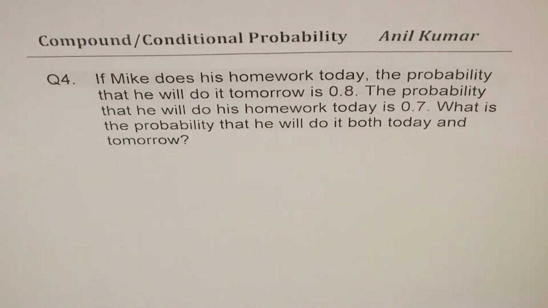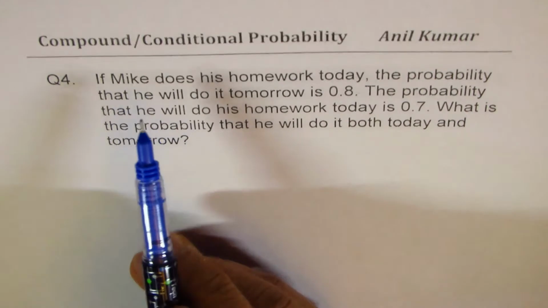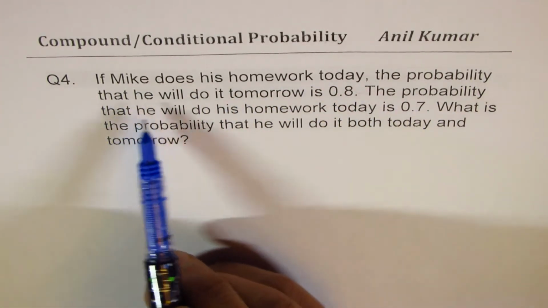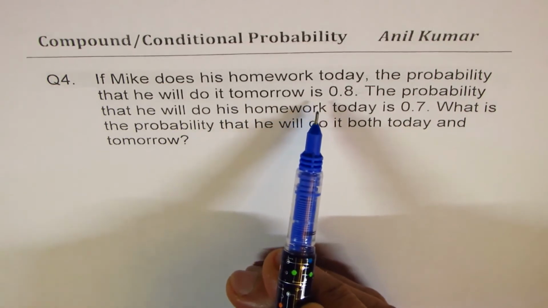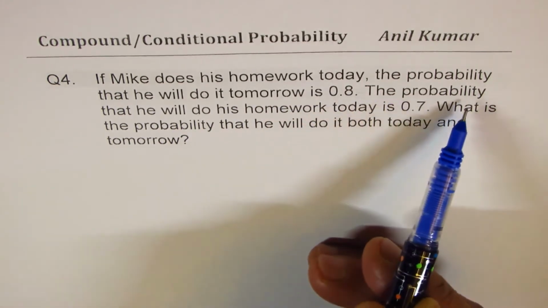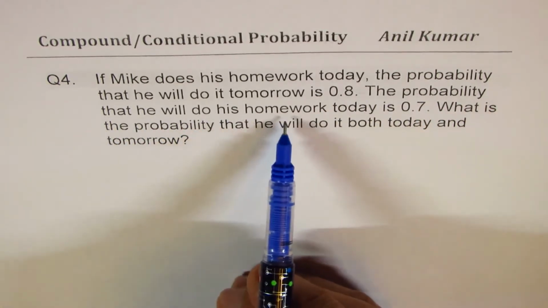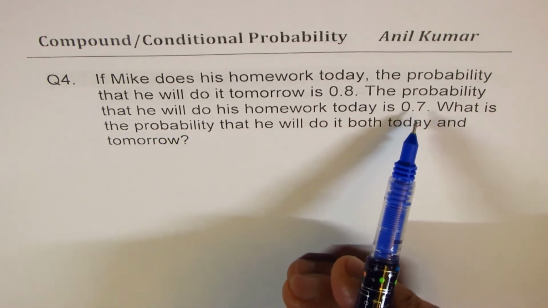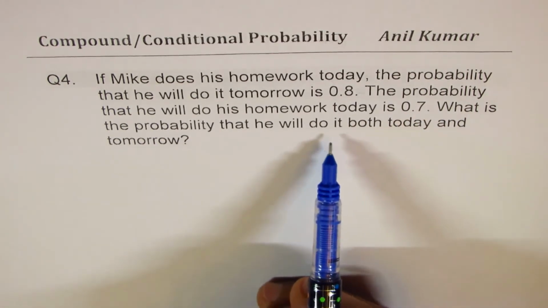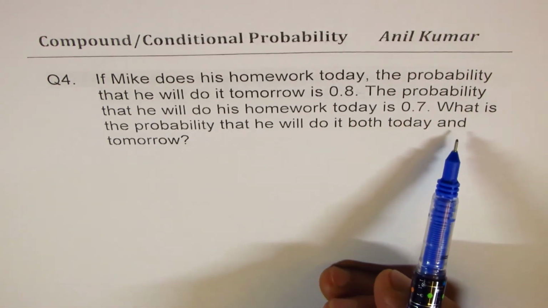Question number 4. If Mike does his homework today, the probability that he will do it tomorrow is 0.8. The probability that he will do his homework today is 0.7. What is the probability that he will do it both today and tomorrow, right?